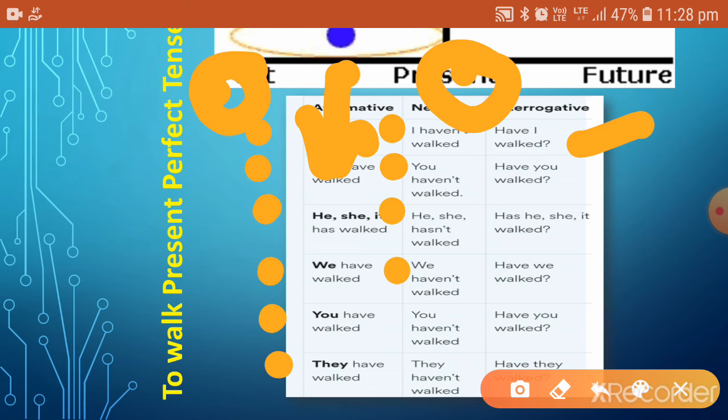We can say by checking the sign of arrow here. This point of time is before now. It means very near to present. The task has been completed here, but very near to present. It means the effect of that task is affecting directly to the present tense.